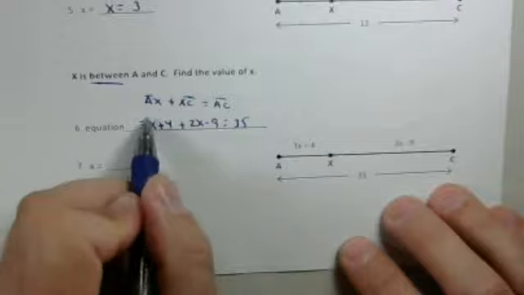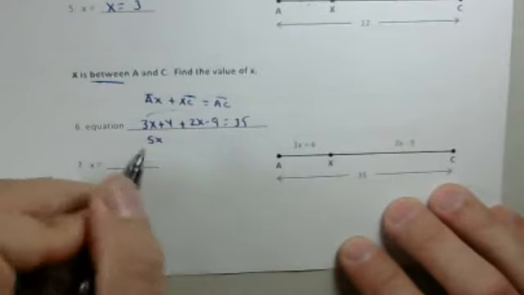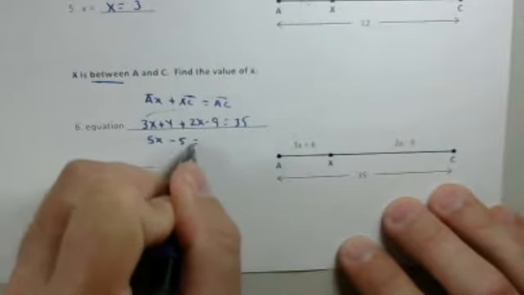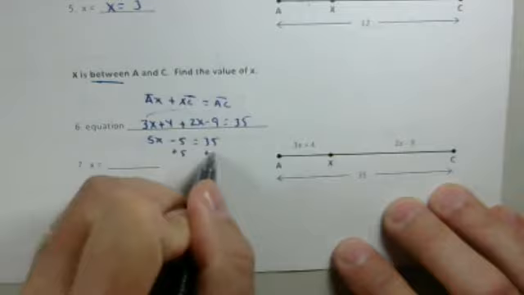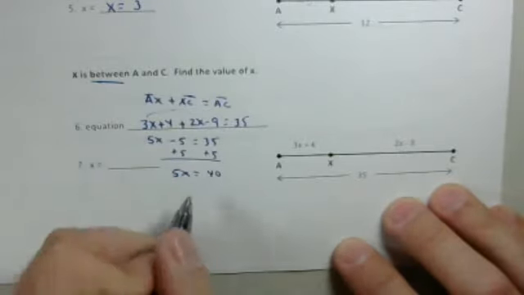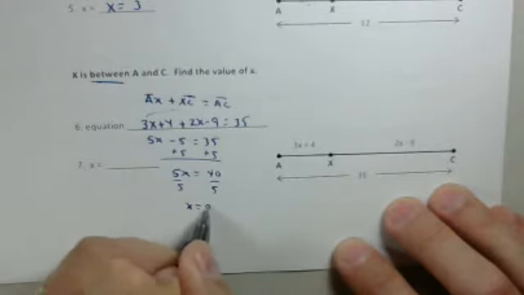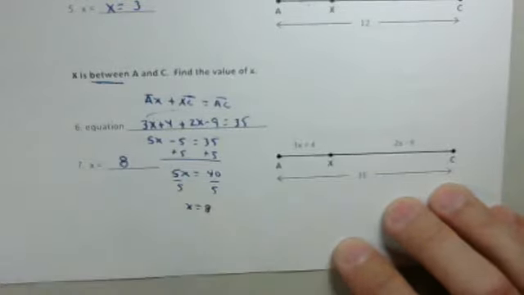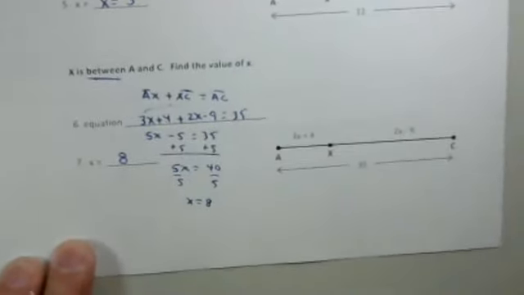Now to solve, we collect like terms. And then 4 plus negative 9 is negative 5. Now we add 5 to both sides. 5x equals 40, and then divide by 5 and get x equals 8. Again, part plus part equals total.